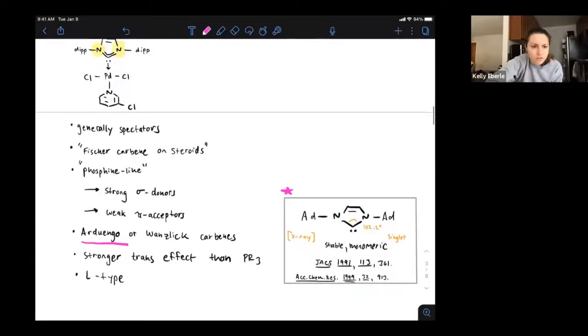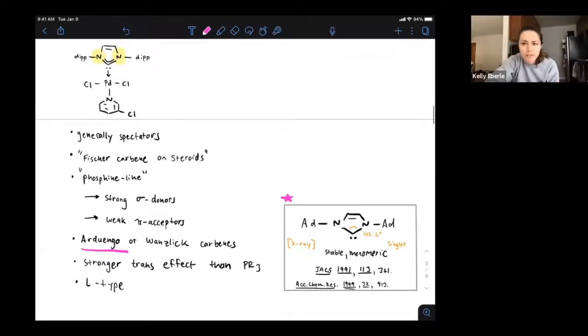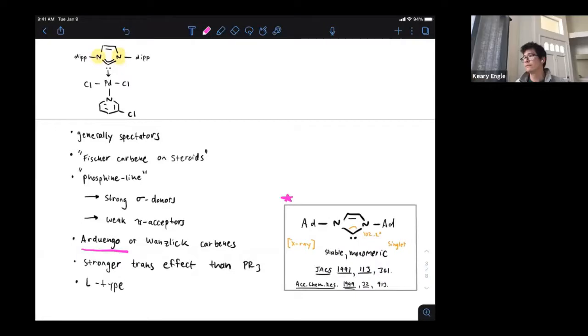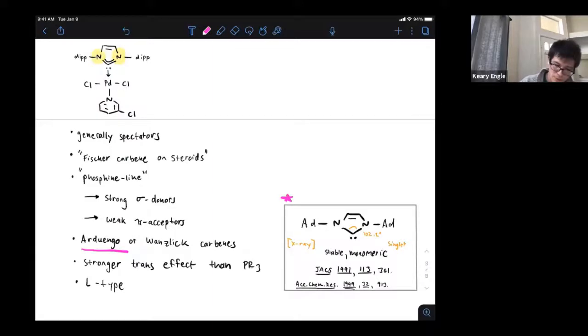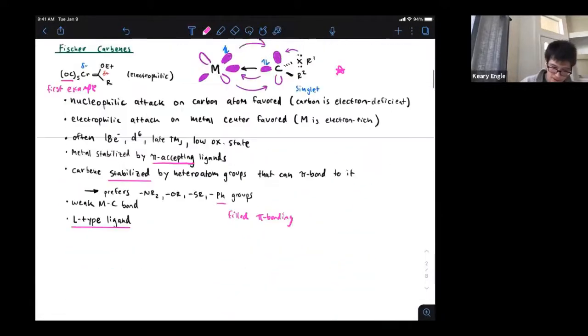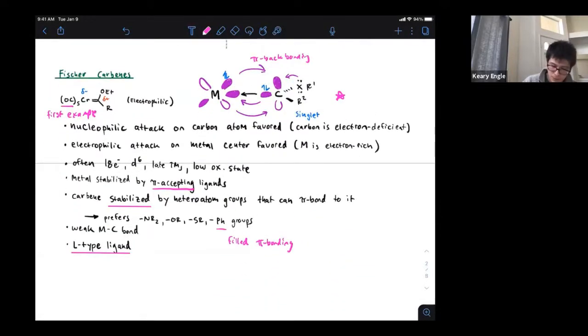A few other details. Oh, sorry. Yes. Can I ask a clarifying question? These are, if they're Fischer carbenes on steroids, but Fischer carbenes are stabilized by strong pi accepting ligands, I think I'm missing, if these are weak pi acceptors, what makes them Fischer-like? Yeah, so maybe that point was a little bit unclear.